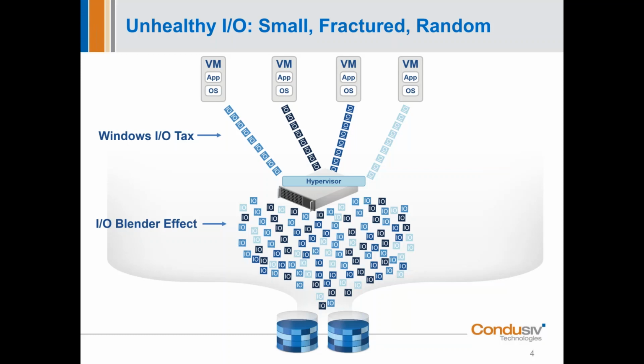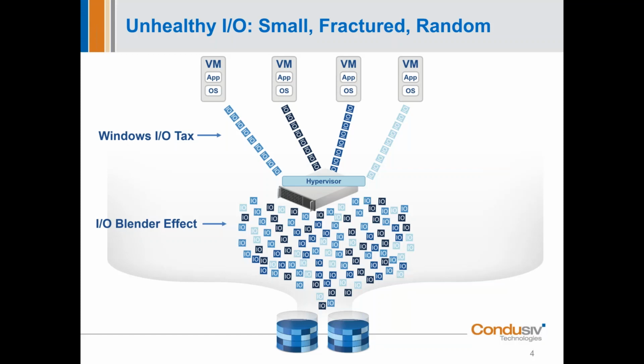In a virtualized environment, this performance penalty can be amplified by something called the I/O blender effect. And what's happening here is that you have small fractured I/O packets coming from the virtual machines. And as they pass through the hypervisor, which could be VMware ESX or ESXi server or a Hyper-V host, the hypervisor mixes these I/O streams together, causing a randomization effect.